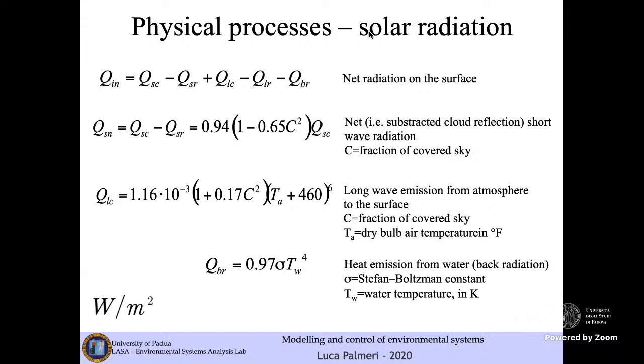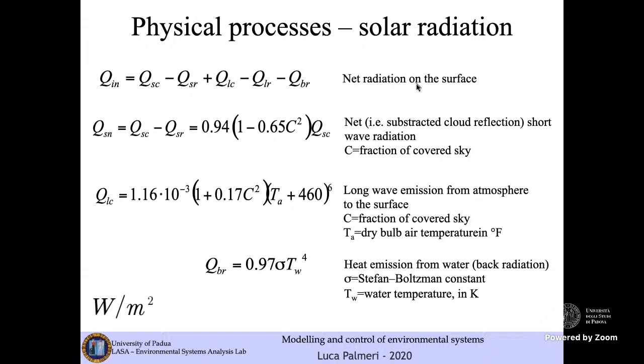So you may make a solar radiation balance by writing that the radiation incident onto the surface is a function of radiation absorbed by clouds minus radiation reflected by clouds in the short range, plus radiation absorbed by clouds in the long wavelength range, minus the radiation reflected by clouds in the long wavelength region, minus the black body radiation.